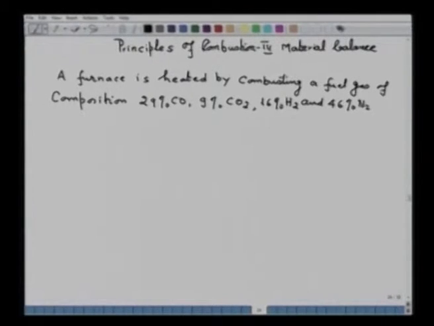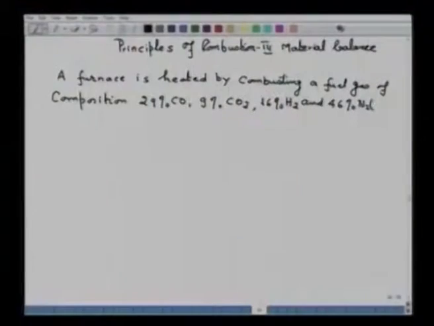Mind you, the composition of gases is always given in volume percent unless otherwise stated. Hence, these percentages are also in volume percent.